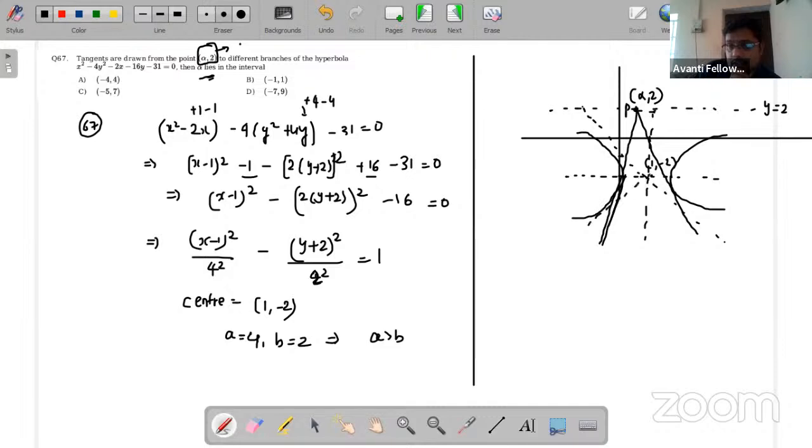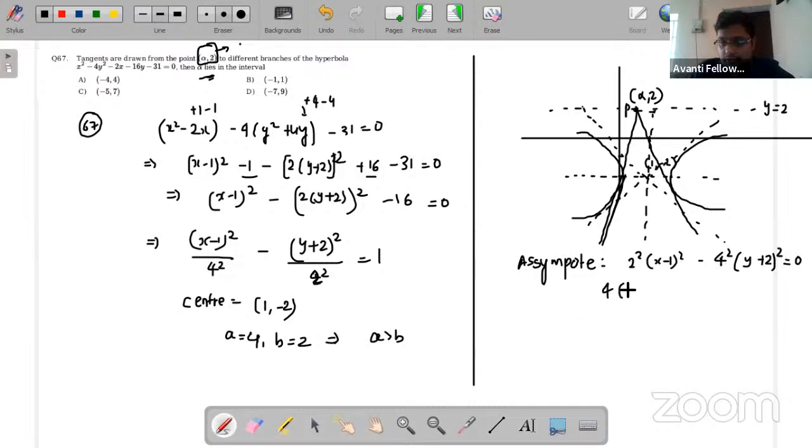So we know that if the equation is in standard form x square by a square minus y square upon b square is equal to 1, then the asymptotes will be b square x square minus a square y square is equal to 0.